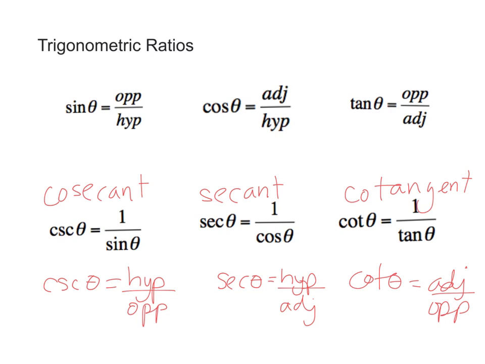Before scientific calculators, all the trig ratios would be in this big table, and cosecant, secant, and cotangent were useful then because sometimes it was easier to work with the reciprocal than the original one. Anyway, that's just a side note on why we have them and why you haven't learned about them before, because when you're doing basic right angle trigonometry, having calculators means we don't need them anymore.